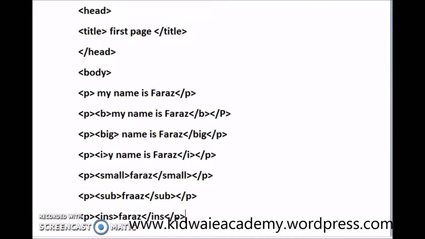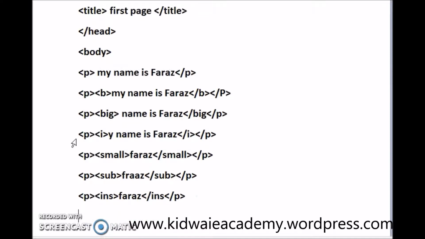The last text we are going to talk about in this video is deleted text. I don't remember the work of this tag, but we will experiment and see what the result is. So we type delete and close this tag.